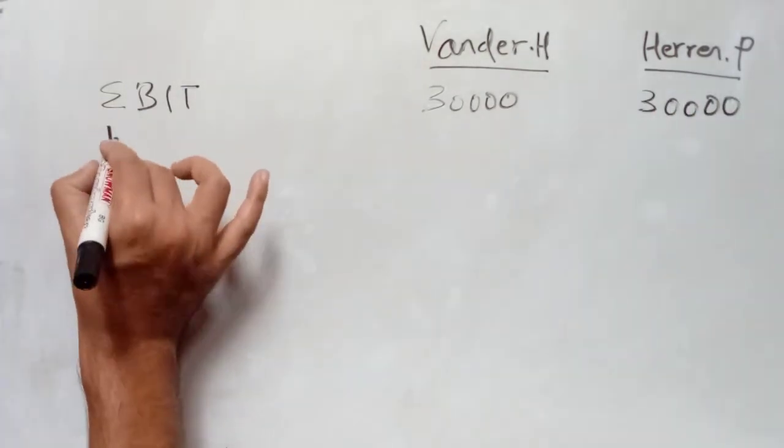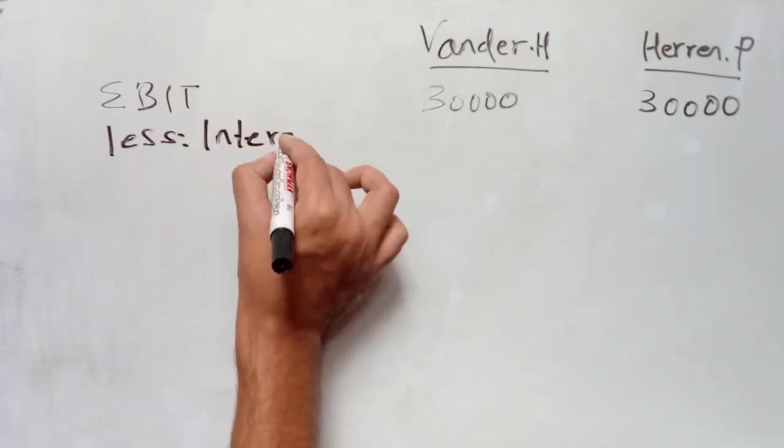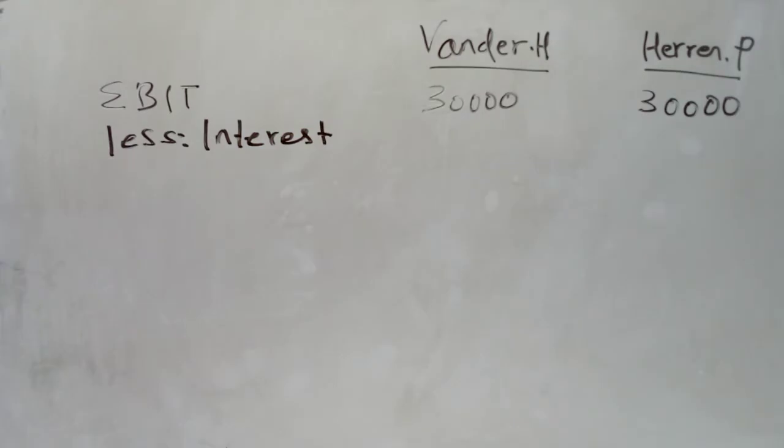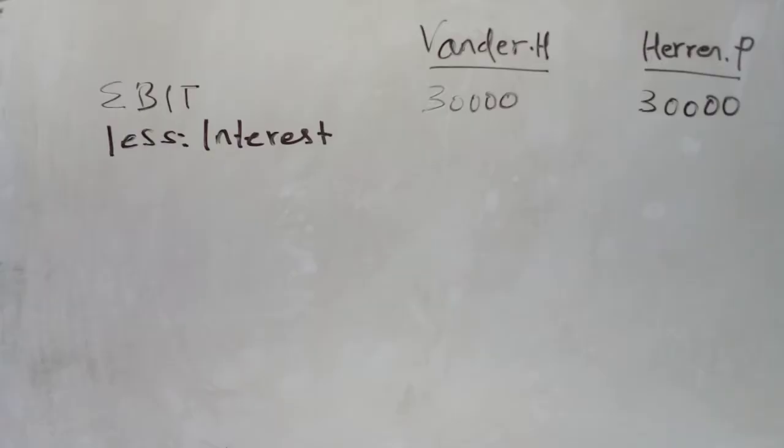So let's deduct interest. There are basically two debts, long-term debt and current liabilities. So we need to calculate interest for each of the debts.